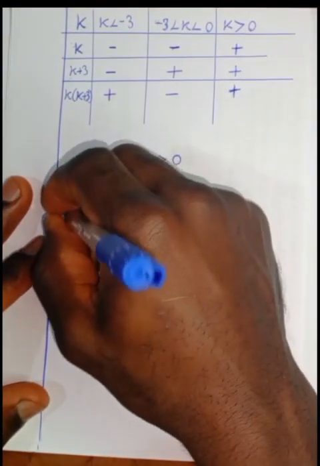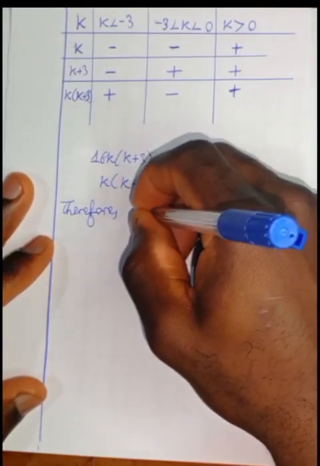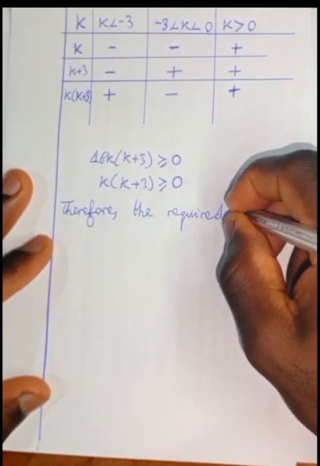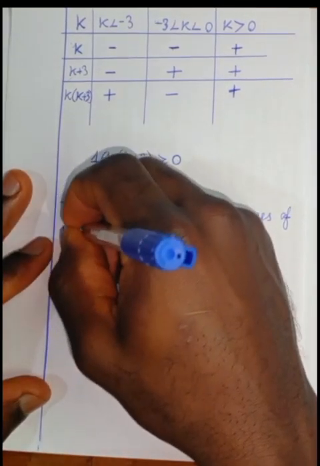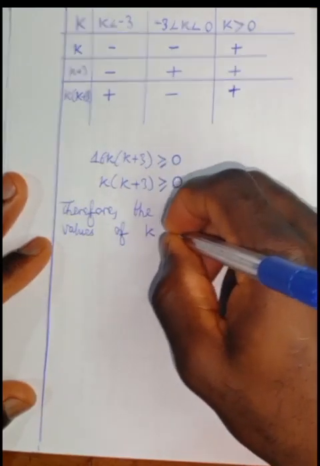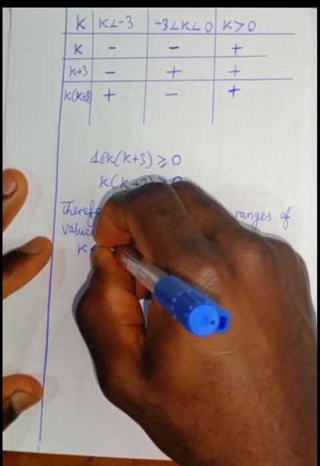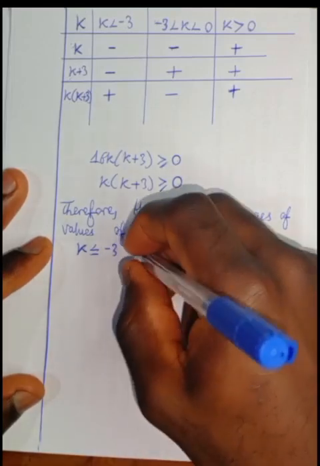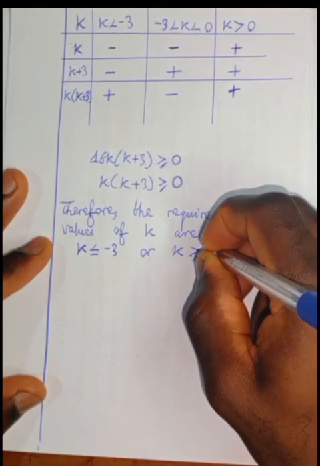We conclude therefore the required ranges of values of k are, we have k less than or equal to -3. For it to be equal to 0, k will be equal to -3, or k is greater than or equal to 0.